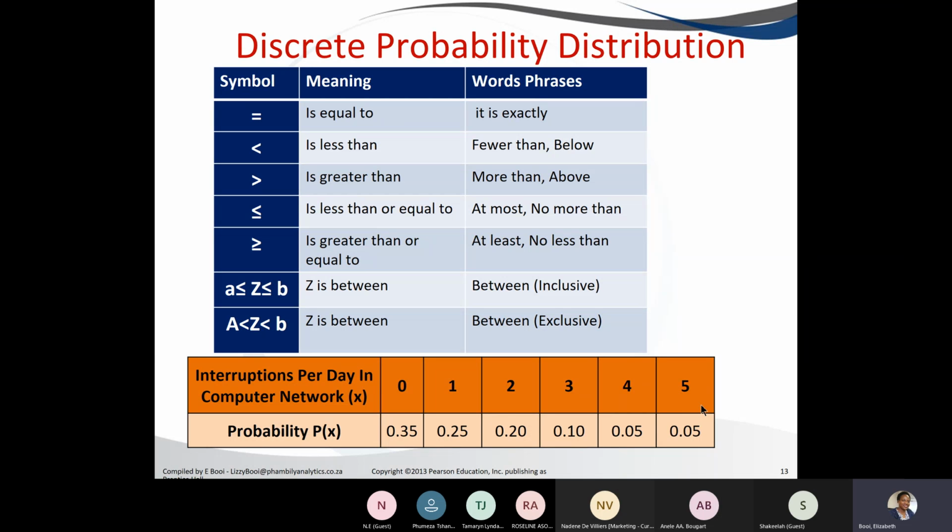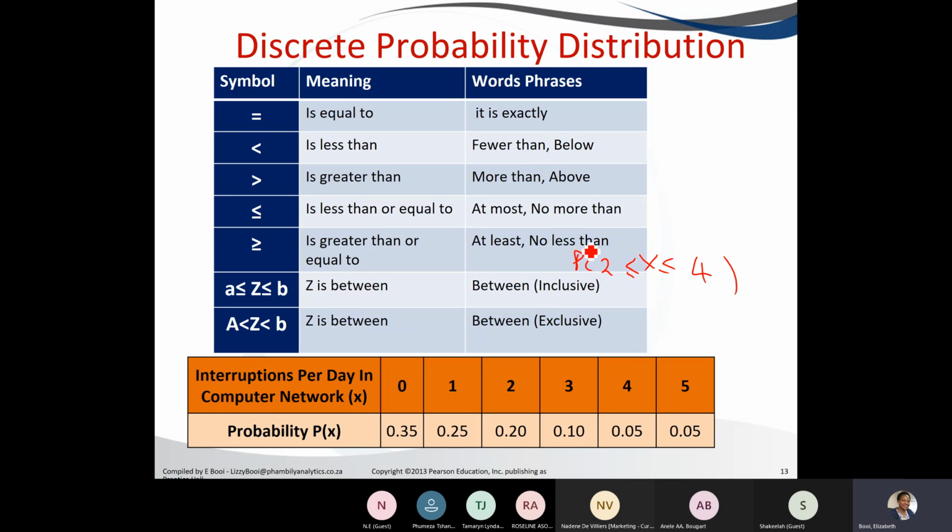So let's say, what will be the probability that X is between, inclusive, 2 and 4?